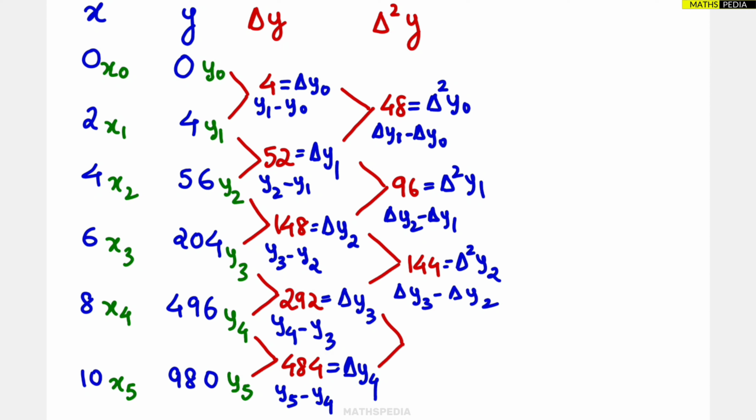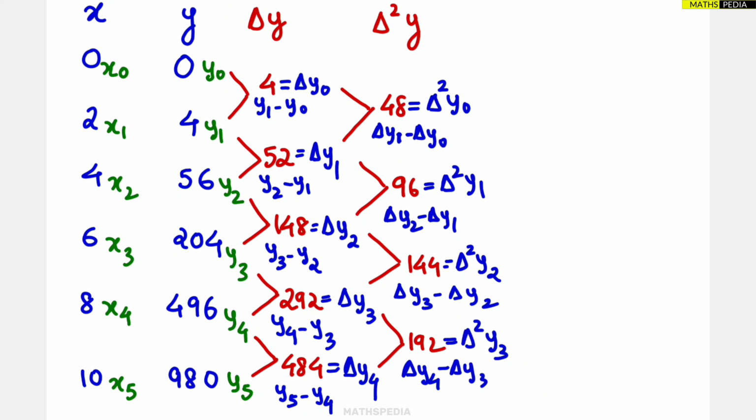This minus this, 484 minus 292 is 192. From where did we get this? Delta y4 minus delta y3, and this 192 is called delta square y3. So the values will keep on decreasing.